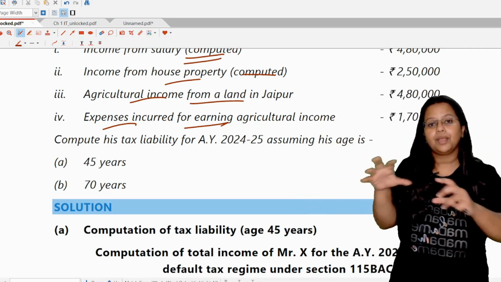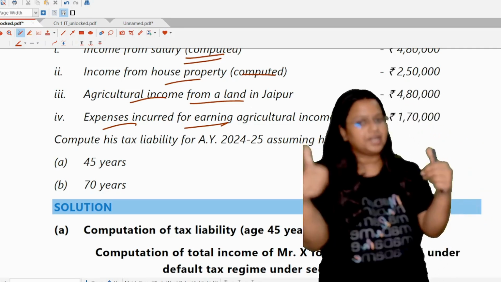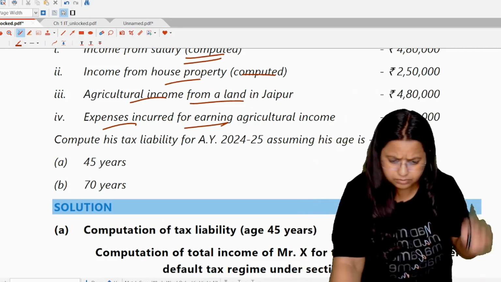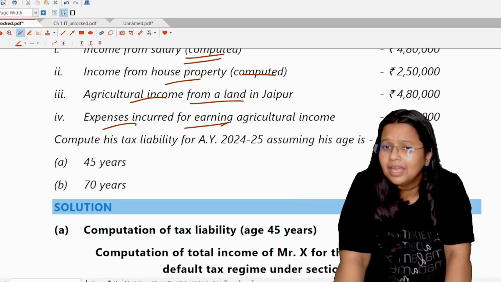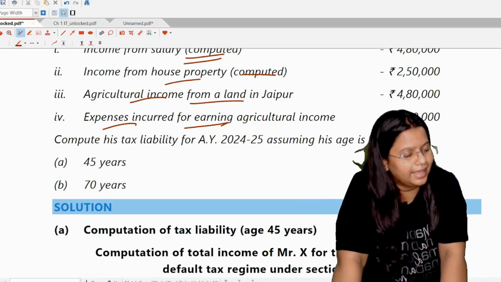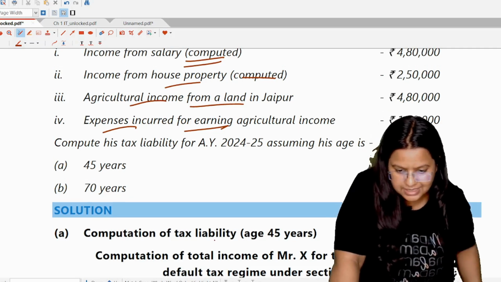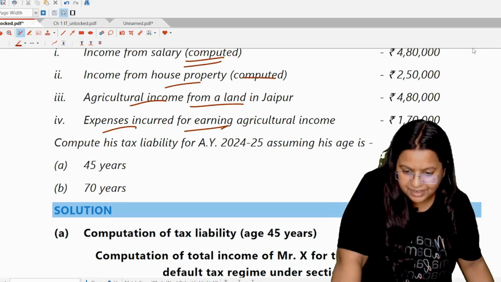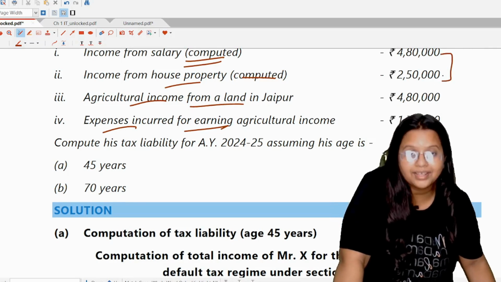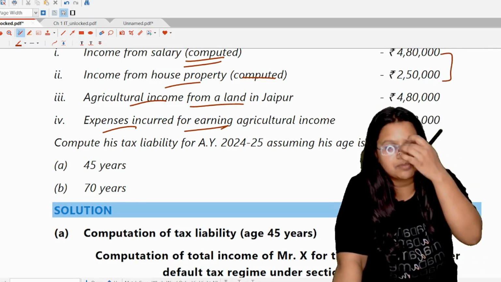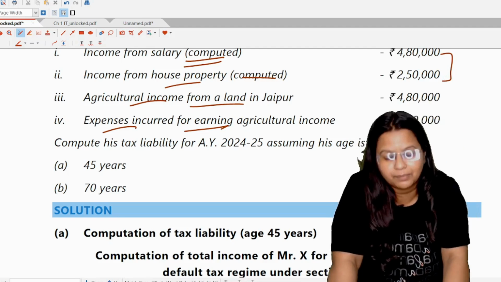How does it come? Because all the expenses related to that income will be deducted. So our first condition is satisfied, that the agricultural income is more than rupees 5,000 per annum, and as we can see, income from salary and income from house property, that is non-agricultural income, exceeds the basic exemption limit, so the partial integration method will be applied.